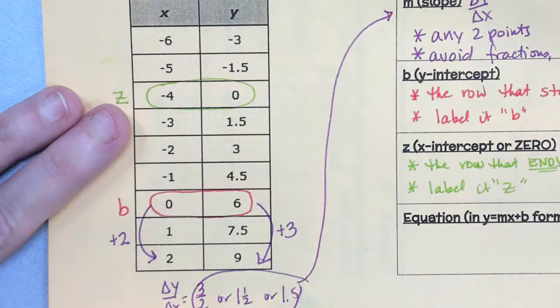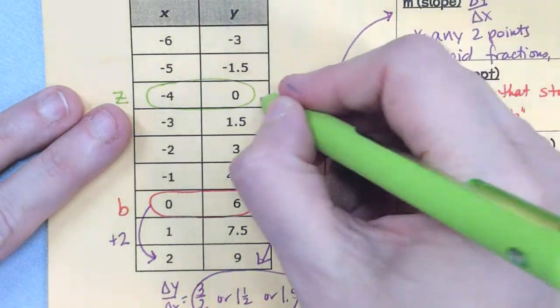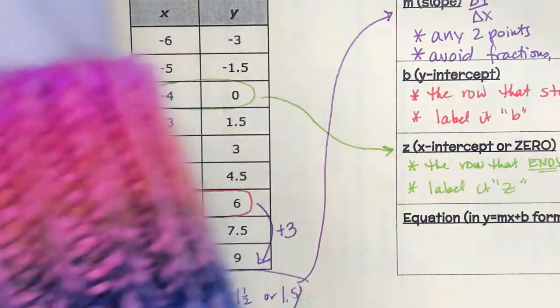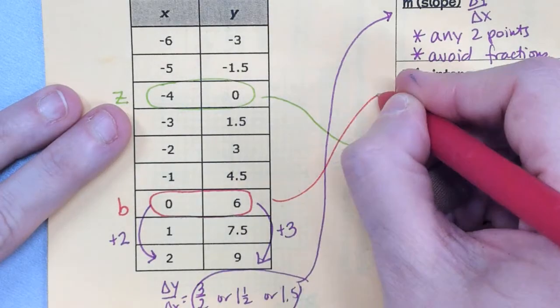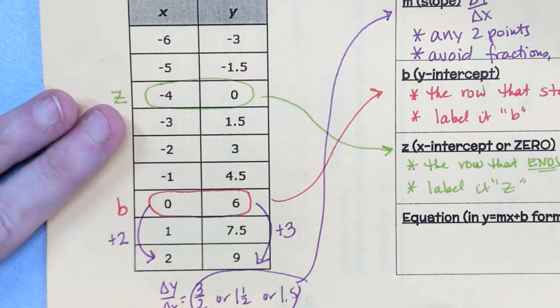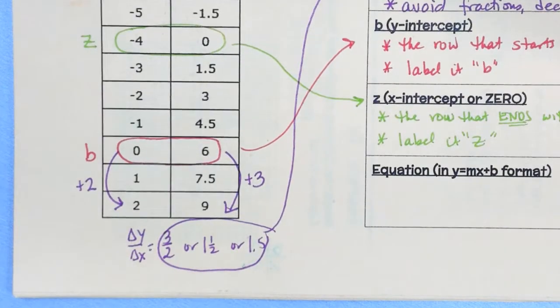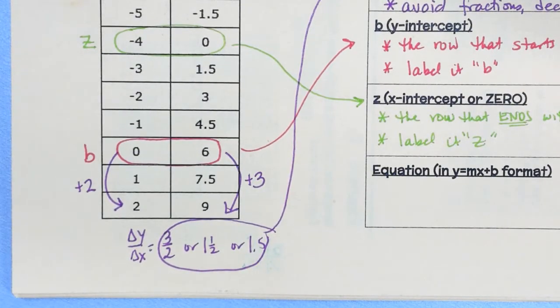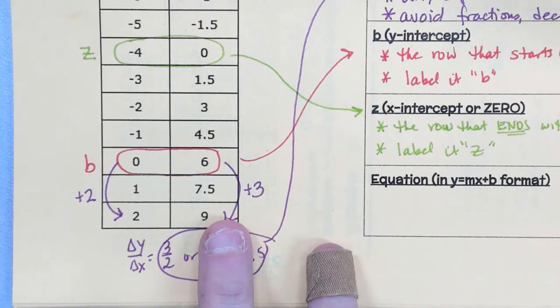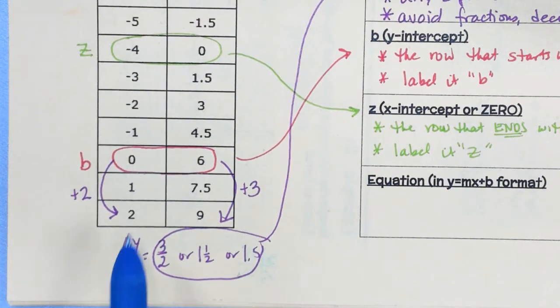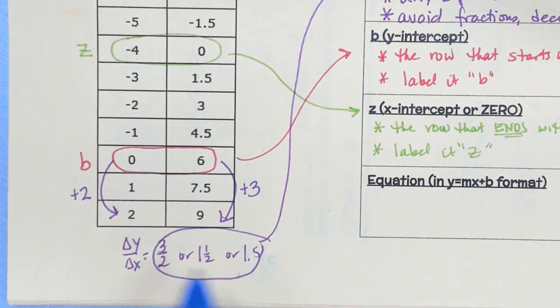I'm about to draw my little arrows. Okay, that's what I got. I see what you did. If I divide 3 by 2, you get 1.5.